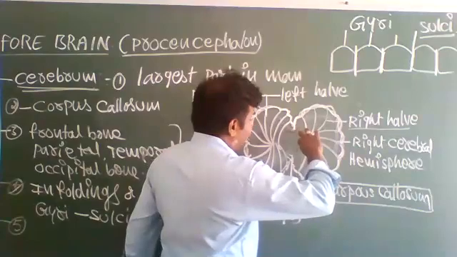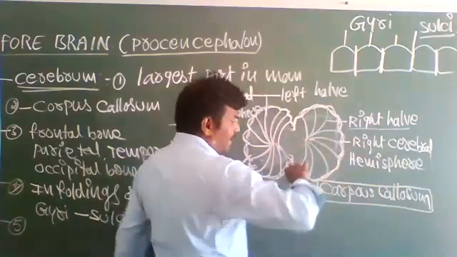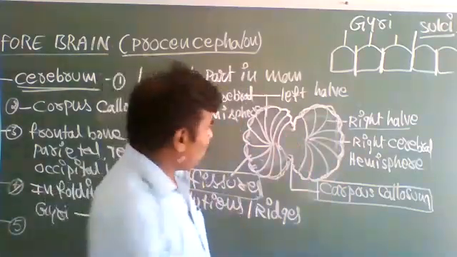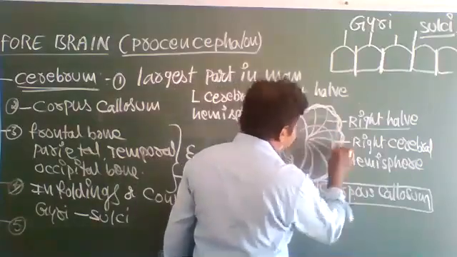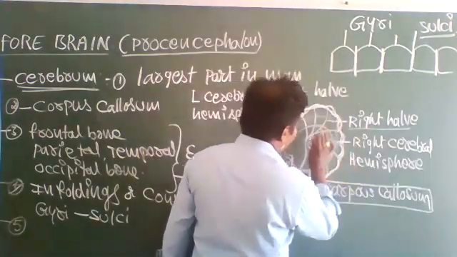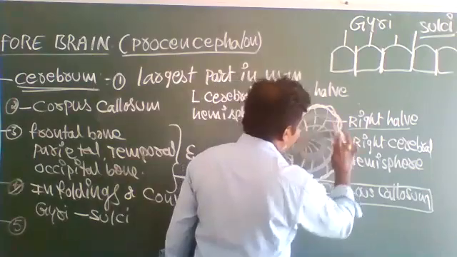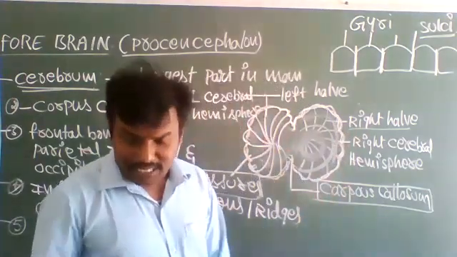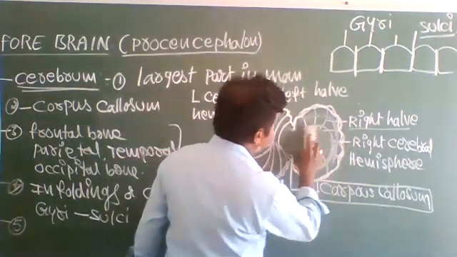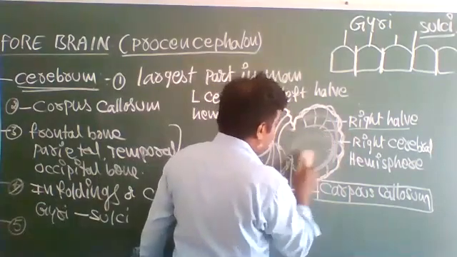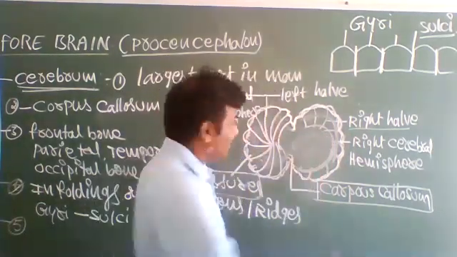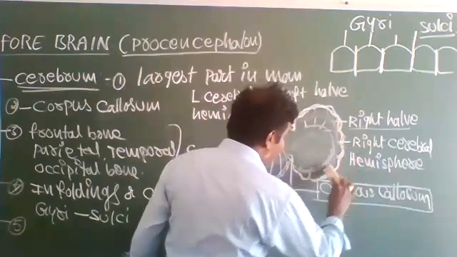So cerebral hemisphere: this is the inner region, this is the outer region.